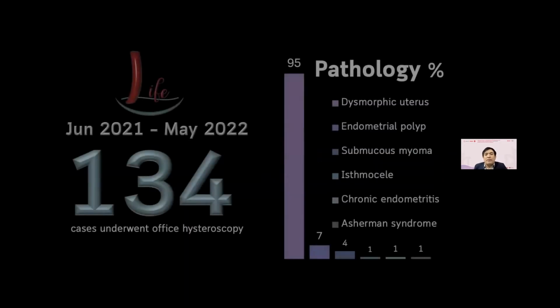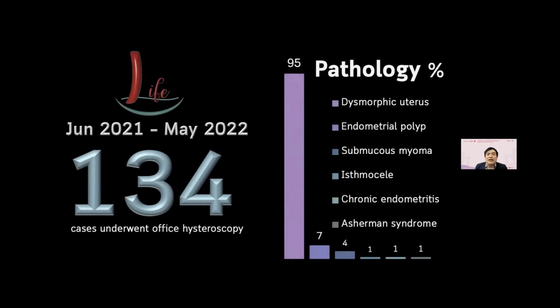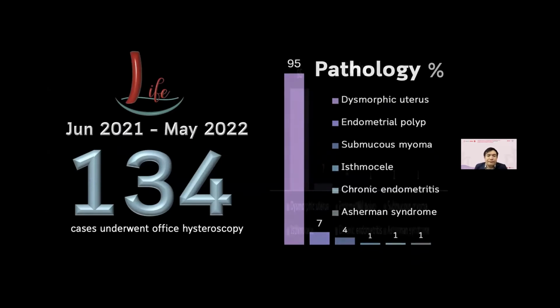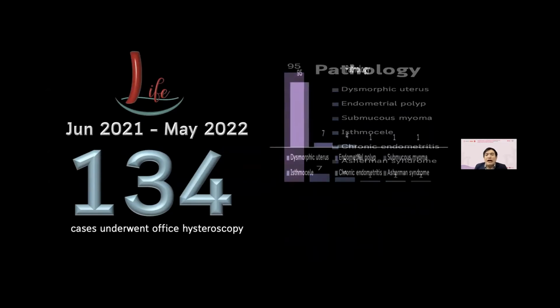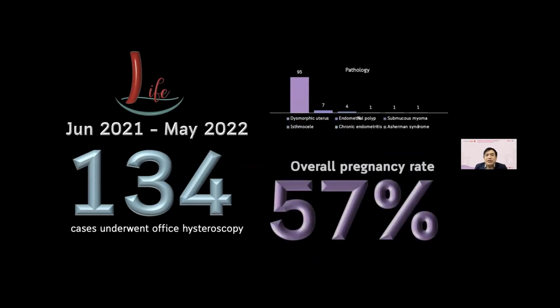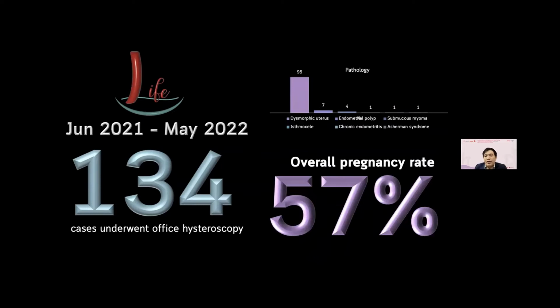From last year in my IVF clinic, we performed 134 hysteroscopies, and most of them were for dysmorphic uterus. It's a congenital malformation, and the pregnancy rate after the surgery is quite good, about 60% without further IVF treatment.